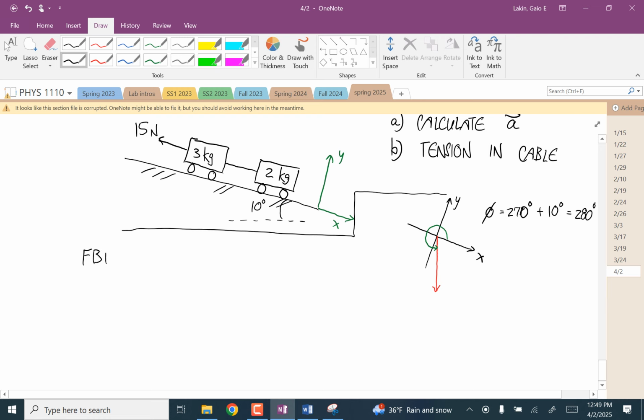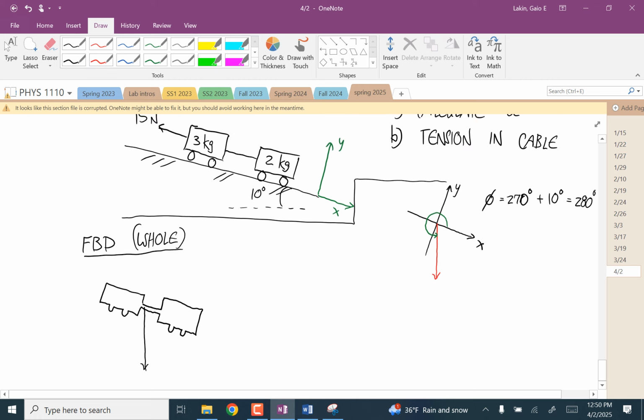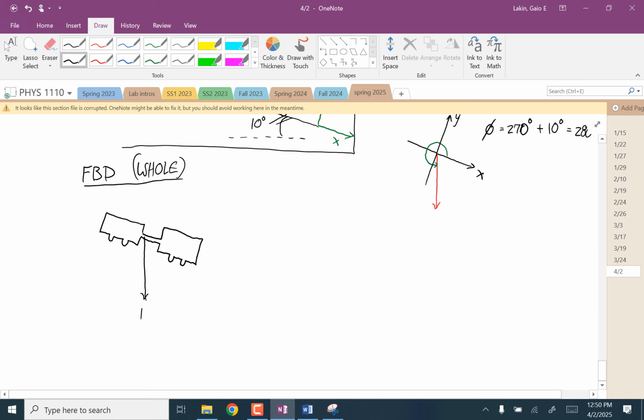Okay, so now free body diagram of the whole system. You definitely don't have to put this much effort into the outlines, but I'm just trying to be extra clear about what we're looking at. So there is the closed outline of the whole system. There's a weight force. The total mass of the system is 5 kilograms, so the weight force is 49.05.